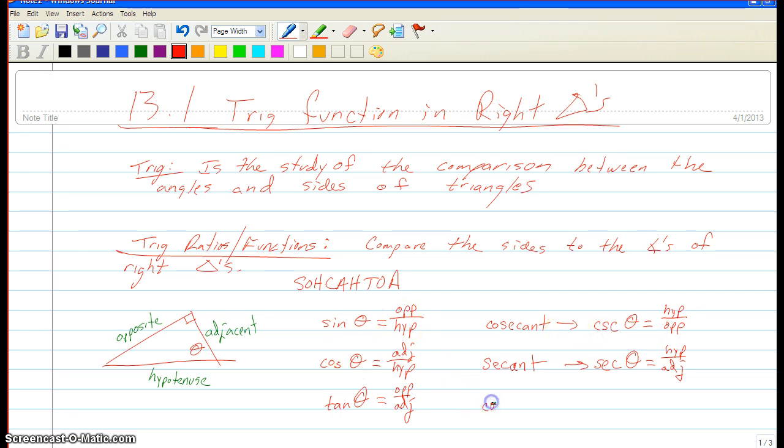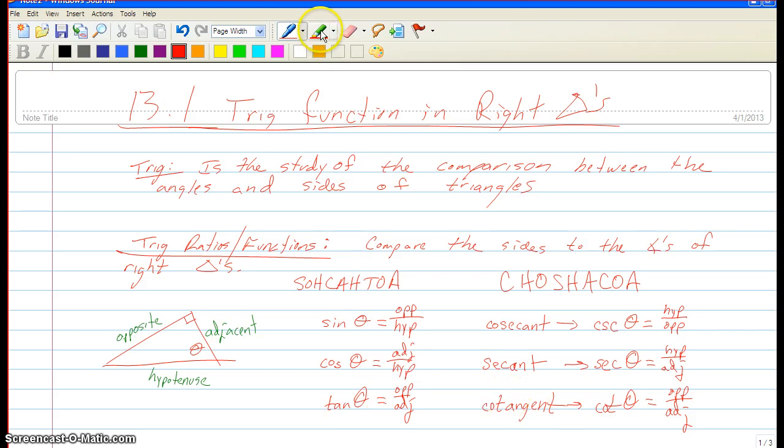Then you have cotangent, abbreviated COT theta, which is adjacent over opposite. For cotangent and tangent, they're the same.